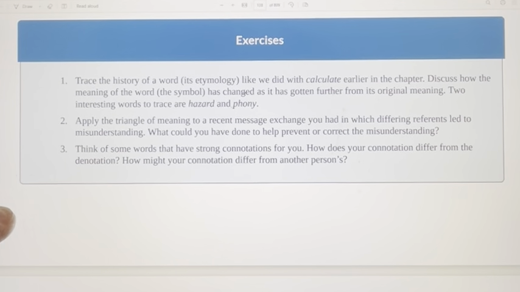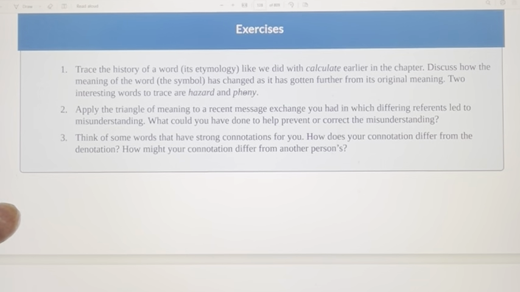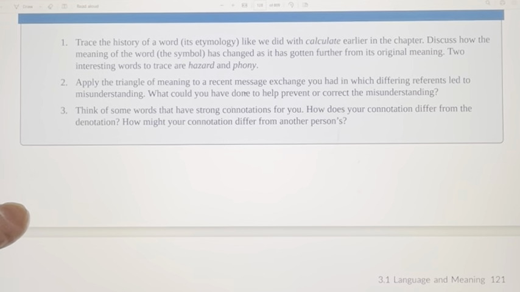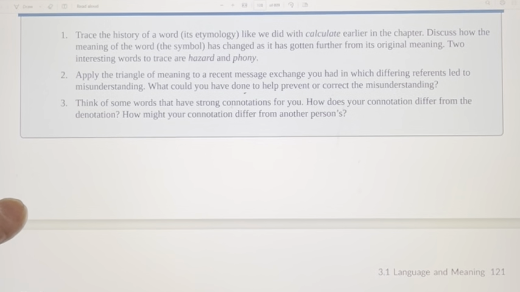And there's some exercises. Trace the history of a word, its etymology, like we did with calculate earlier in the chapter. Discuss how the meaning of the word, the symbol, has changed as it has gotten further from its original meaning. Two interesting words to trace are hazard and phony. I would suggest that you might want to look at the development of letters.